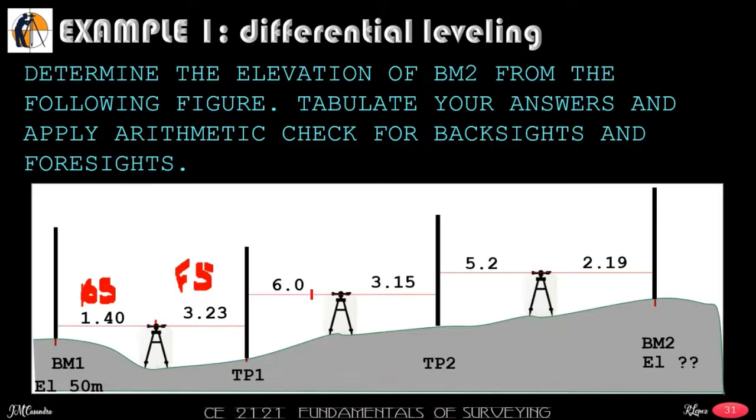So at TP2, between TP1 and TP2, backsight is 6, foresight is 3.15. So for this reading, this is our backsight, this is our foresight.